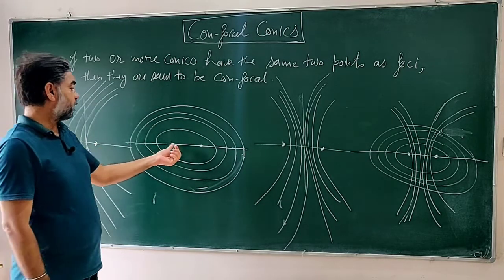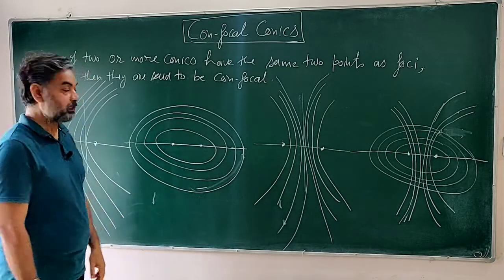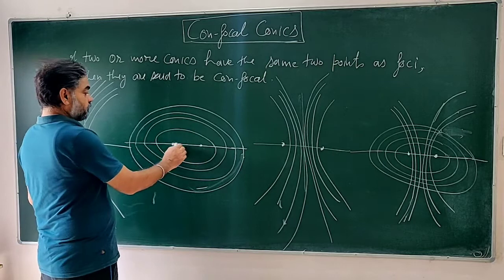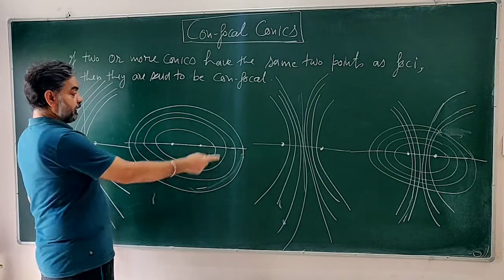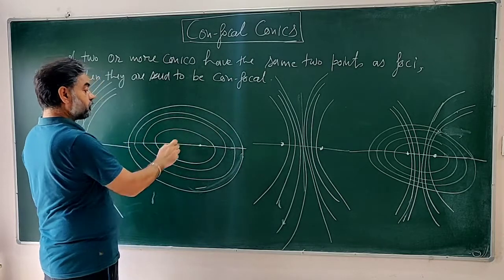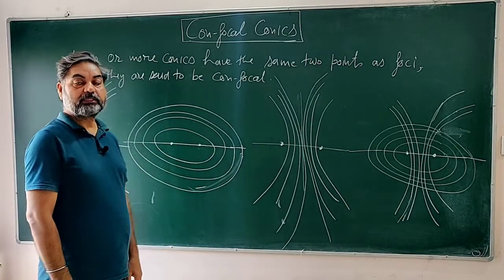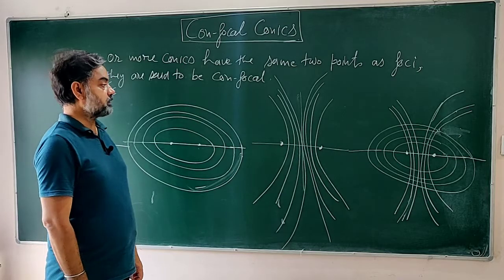Similarly, this is an ellipse and these are the two foci of this ellipse. Suppose all other ellipses also have the same foci. Then we say that this set of ellipses is confocal ellipses.